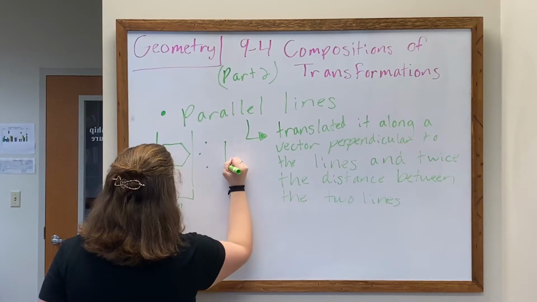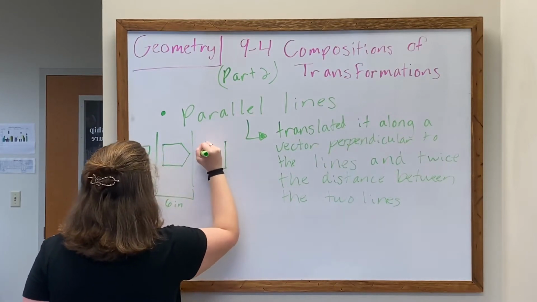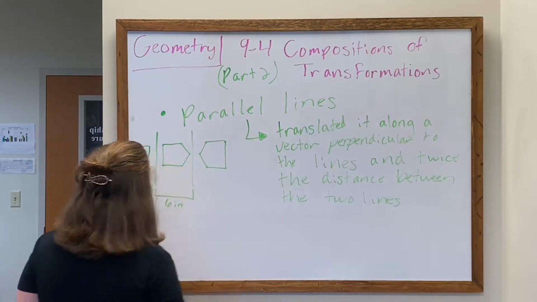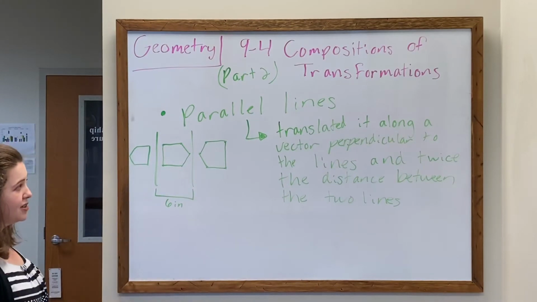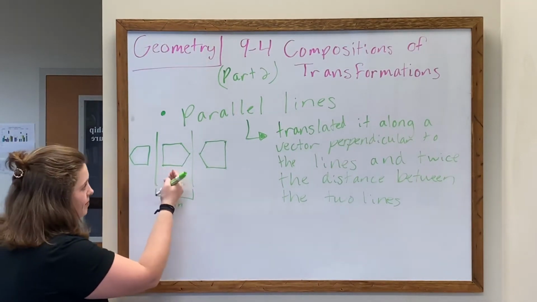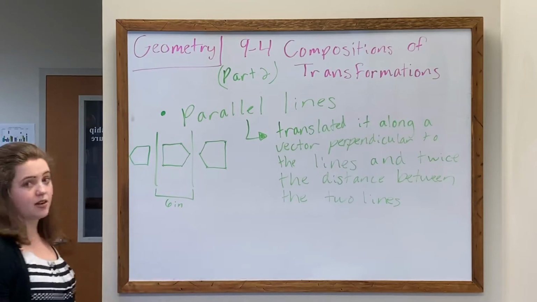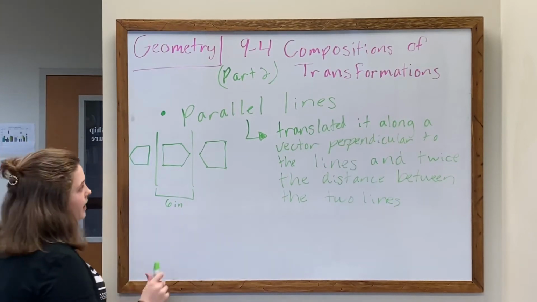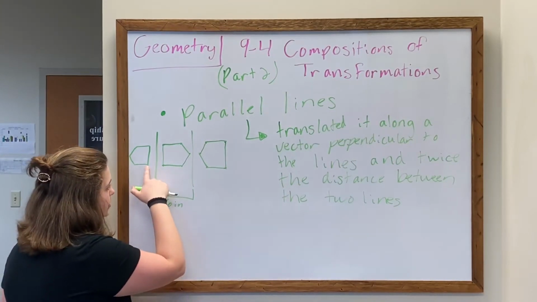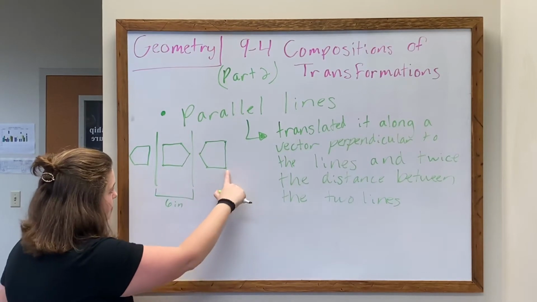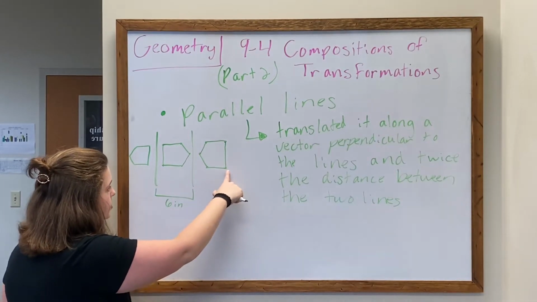I don't have a ruler up here, so mine's not exactly perfect. But I could do that where I measure each time and then do it again and take all that time.